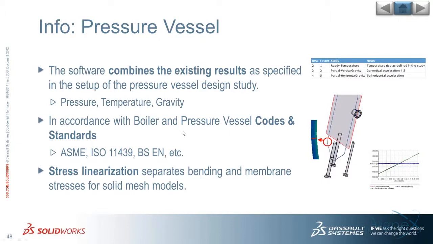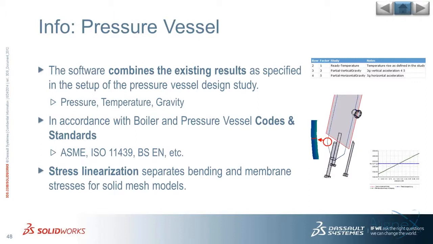So this is in accordance with the boiler and pressure vessel codes, the ASME code, ISO 11439, and the BS EN code. A lot of these codes are written to do these stress combinations of different load cases, and the pressure vessel design just allows us to set up different static study load cases and combine those results.